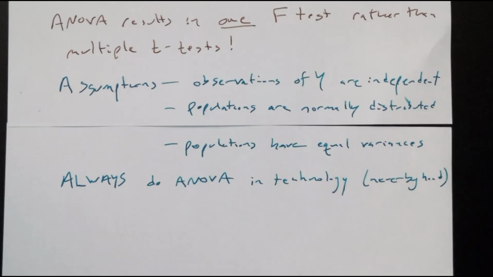You can write code for ANOVA in a dozen different languages. It's out there. So I'm not going to bother to do this by hand because the technology makes all of these tedious calculations instantaneous. But really, this example is going to be my driving example. It really works out fairly direct.